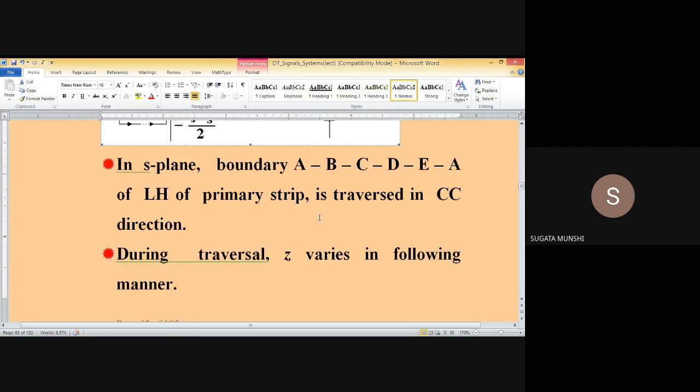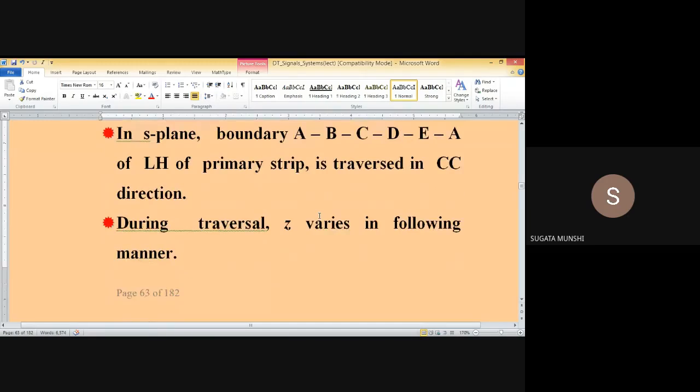During traversal, Z varies in the following manner. So whatever I narrated, that is noted down here.